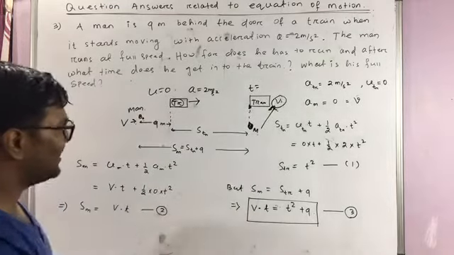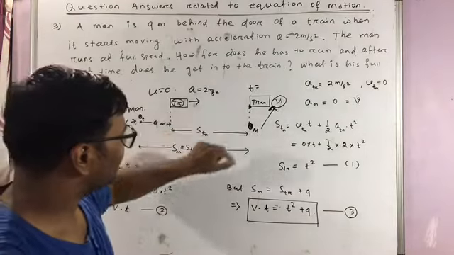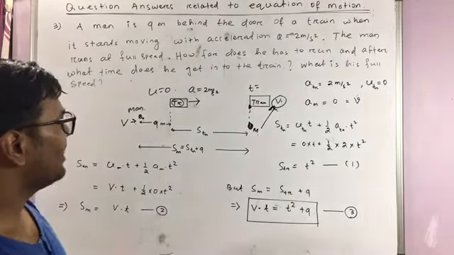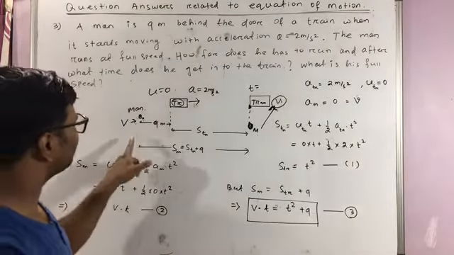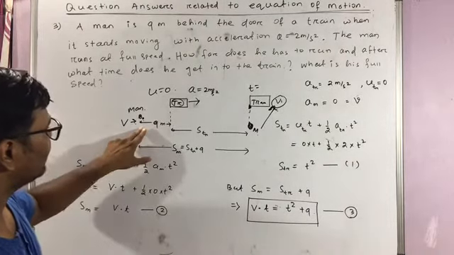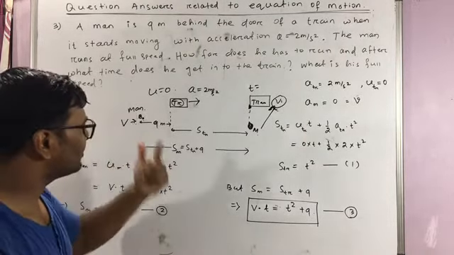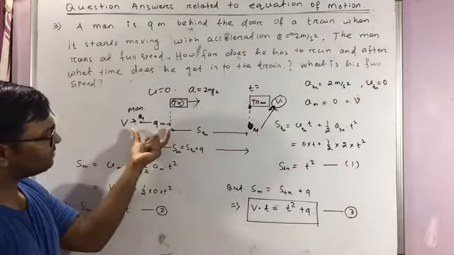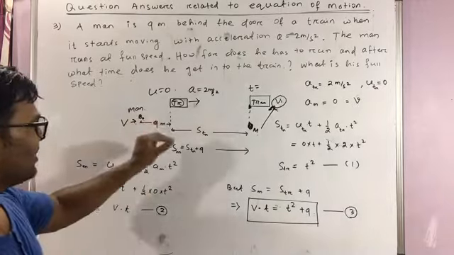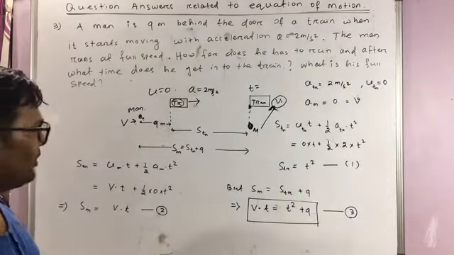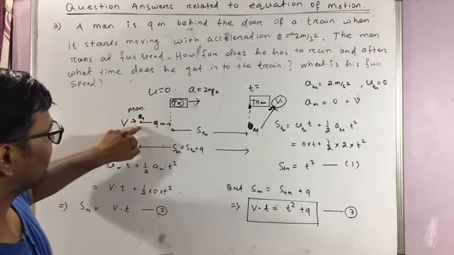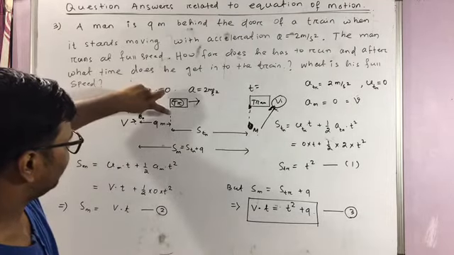So the key idea is, at a particular moment the speed of the man is equal to the speed of the train, and the distance covered by the man is 9 more than the distance covered by the train, because the man is 9 meters behind the train. This thing we need to consider. Got the point? This is the first position of your man, which is 9 meters behind the train.